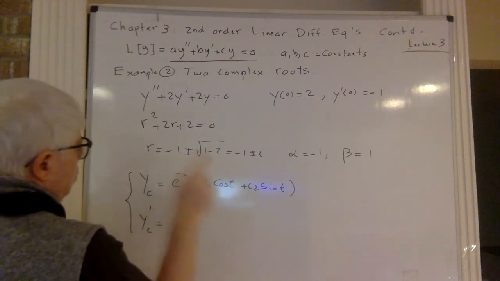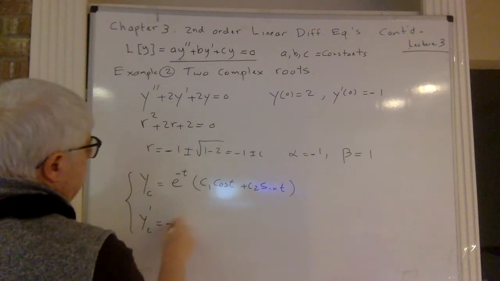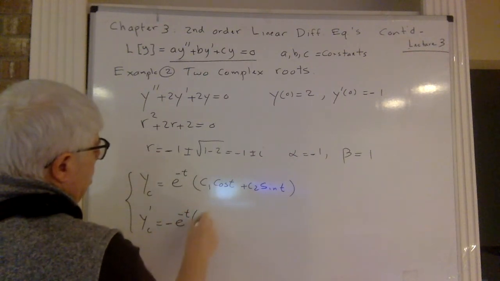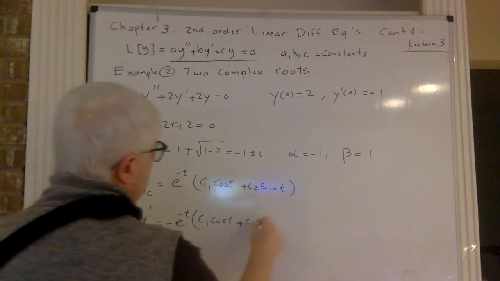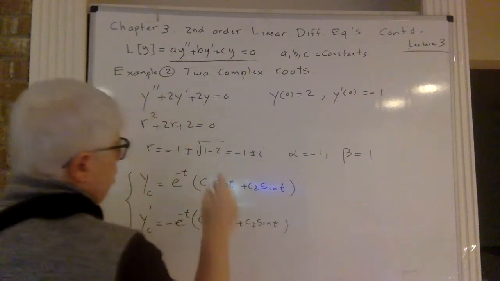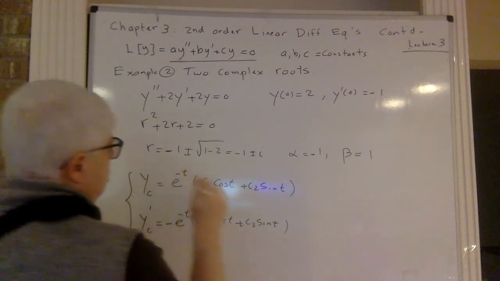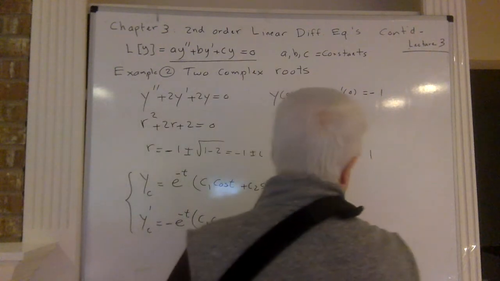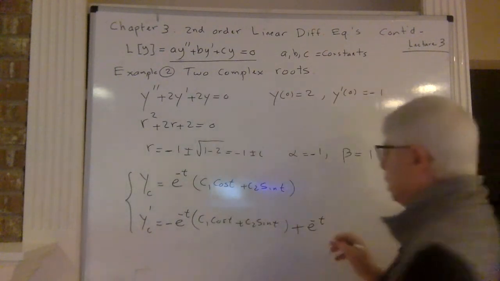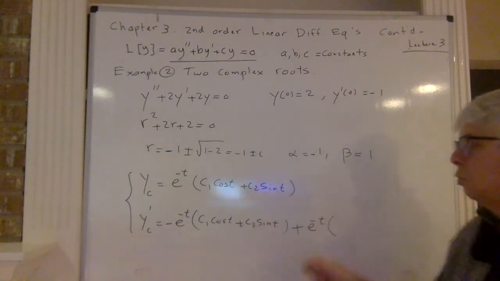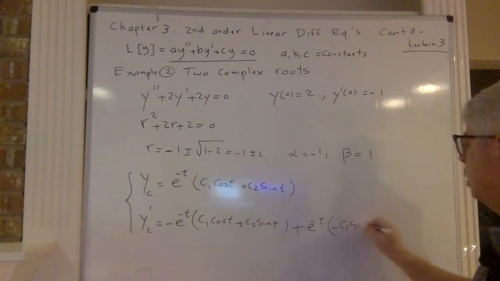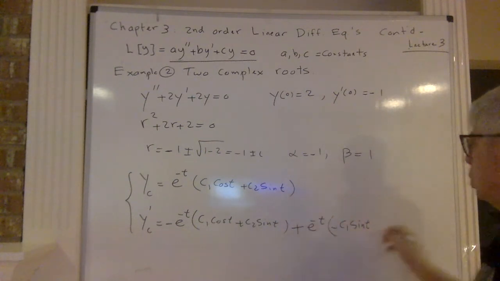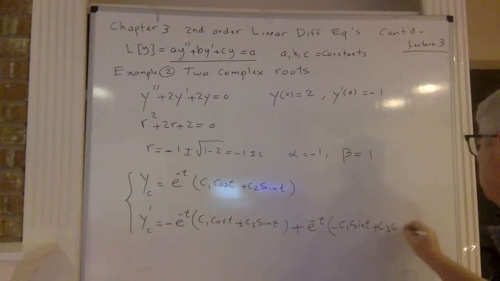There is this one times this one, which is minus e to the minus t times c1 cosine t plus c2 sine t, plus there is this one times this one, plus e to the power minus t, and then the inside will be minus c1 sine t plus c2 cosine t.